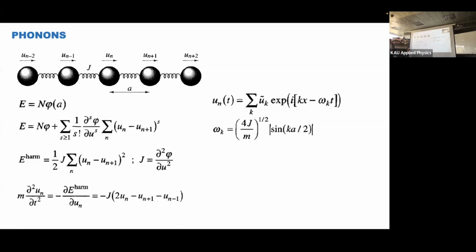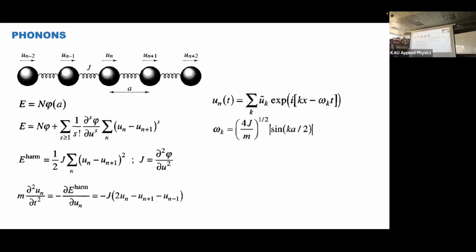They are the same, these balls, and we know the distance between them, a, and then we shift all of them and mark the new coordinates of these balls with u_{n+1}, u_{n+2}, and so on. And big N is the total number of these balls.